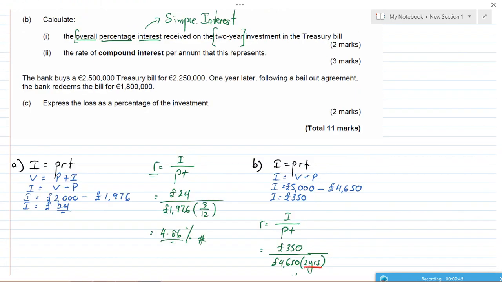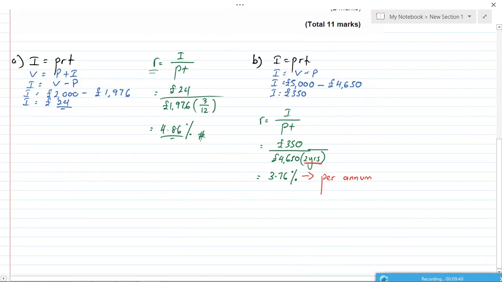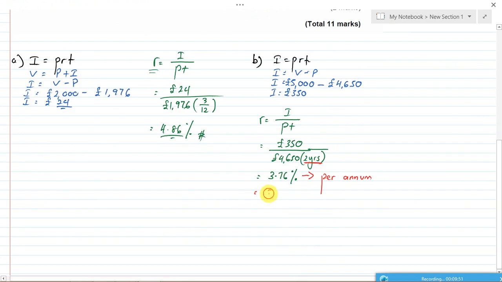But the question wants it for 2 years. So what do you do? Not yet finished. Times with what? 2 years. Then you will get 7.52%. So that's going to be the final answer.